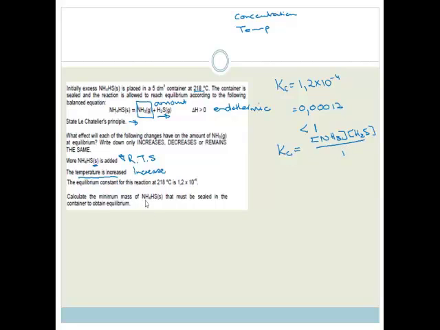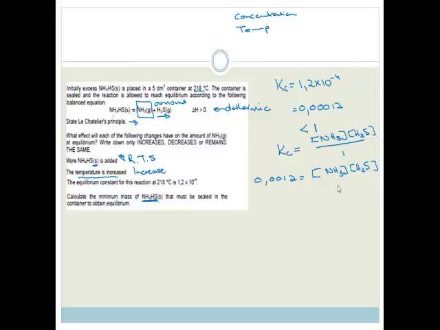And it says calculate the minimum mass of NH4HS that must be sealed in the container to obtain equilibrium. So we need to find the number of moles of these in order to get the number of moles of this in order to get the mass. Okay, so we know that Kc is 0,00012 equals the concentration of NH3 and the concentration of hydrogen sulfide.